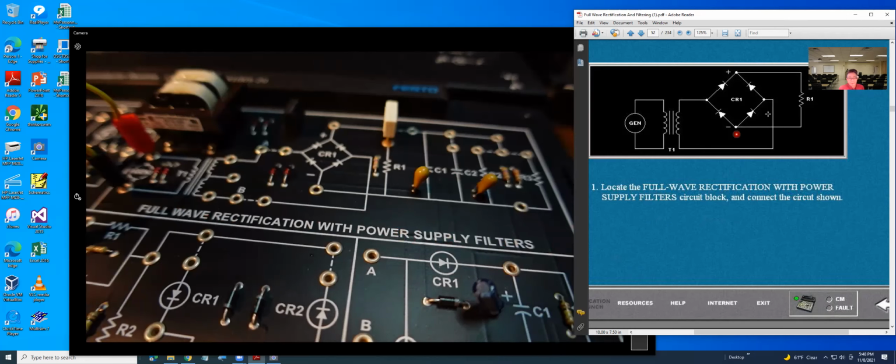This is your circuitry. On the circuit board, you have to use the 2-pole connector to connect exactly what they wanted. So basically, from this point they want to connect to R1.